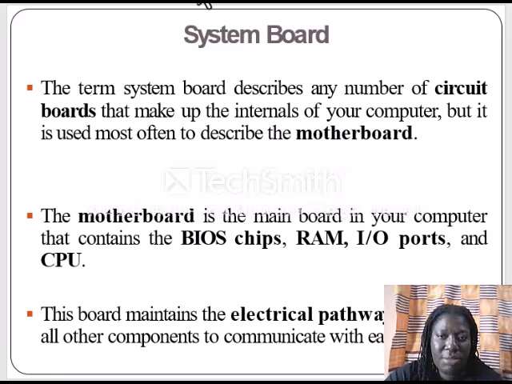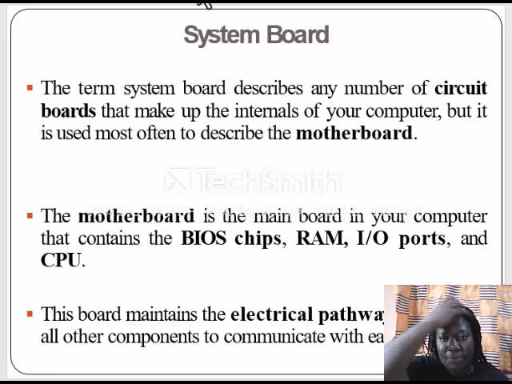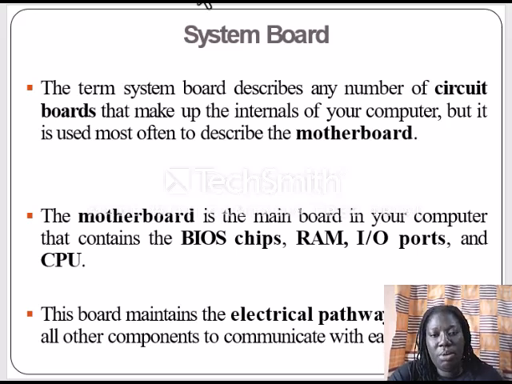System board. The term system board describes any number of circuit boards that make up the internals of your computer, but it is used most often to describe the motherboard. The motherboard is the main board in your computer that contains the BIOS chip, the RAM, the input and output ports, and the CPU.